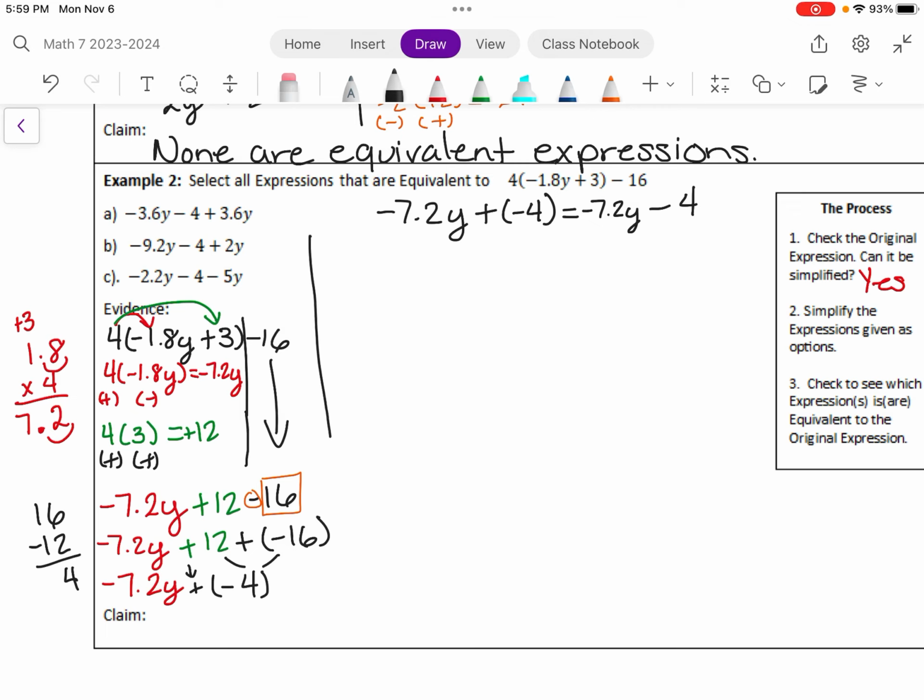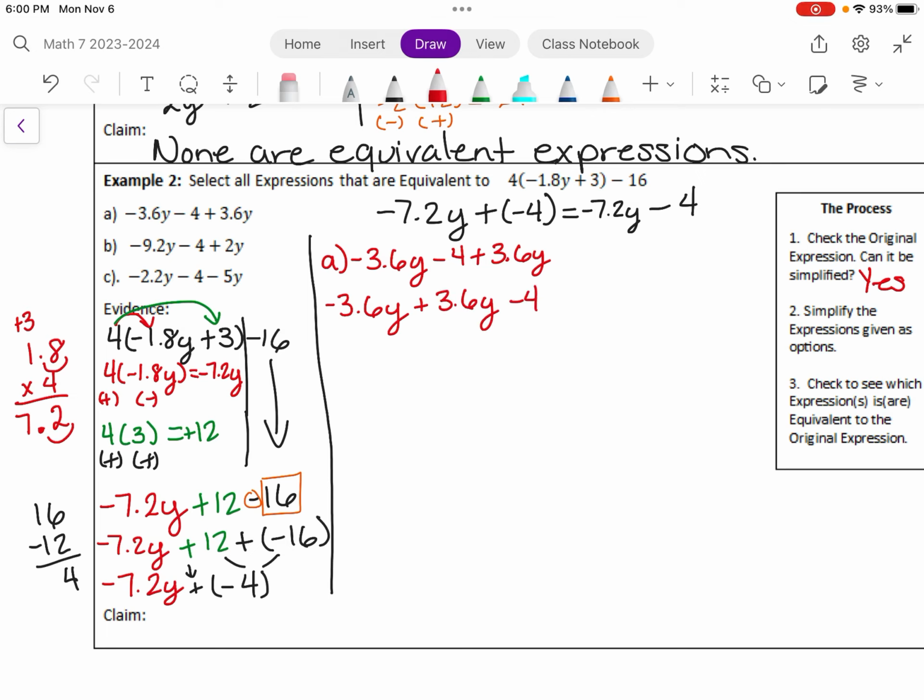Okay. So using that, we're now going to check our options. So again, step 2 says simplify the expression given as options. Okay. So for A, it's negative 3.6y minus 4 plus 3.6y. Okay. I'm going to move things over so that my like terms are right next to each other. In this case, that is negative 3.6y and my plus 3.6y.